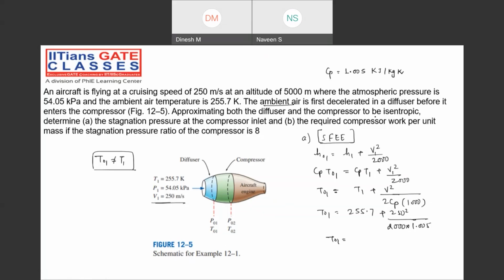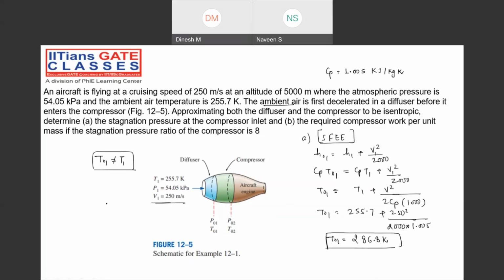What is the value of T01? 286.8 Kelvin. Approximately we can write it like this.